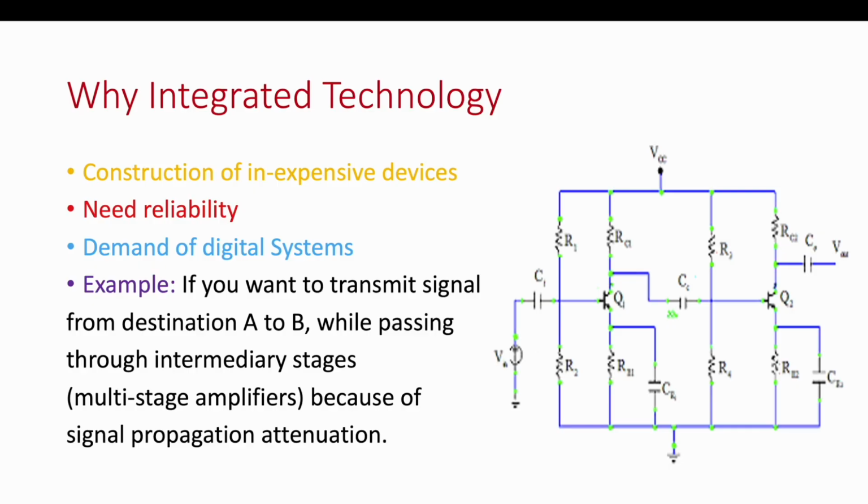The amplifier will amplify those signals again and then transmit them. If you see this diagram, Q1 means transistor 1, which is connected through a coupling capacitor to a second transistor, and we also have bypass capacitors. So this is a two-stage amplifier, but if the situation keeps going, the size keeps increasing.